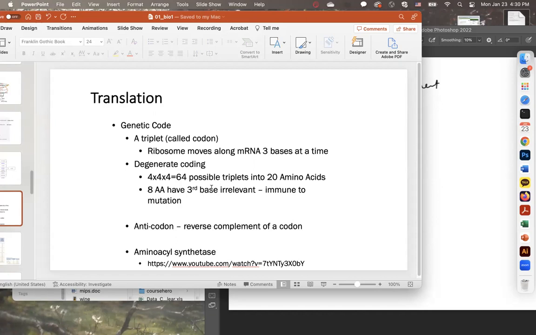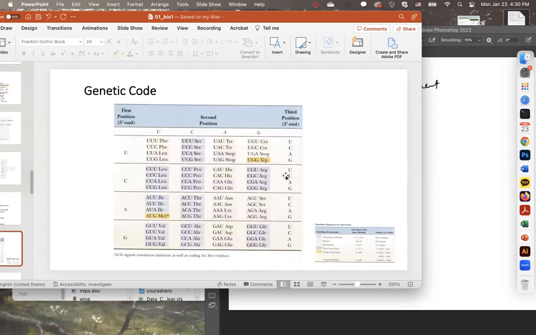The codon to amino acid mapping, this table, is called the genetic code. It may not be a good terminology, but it's called the genetic code.